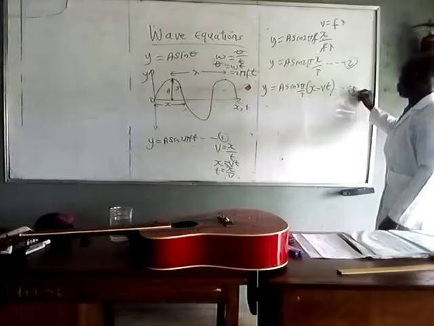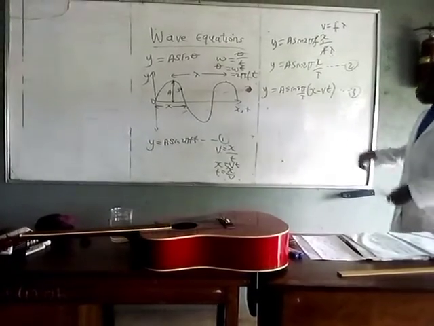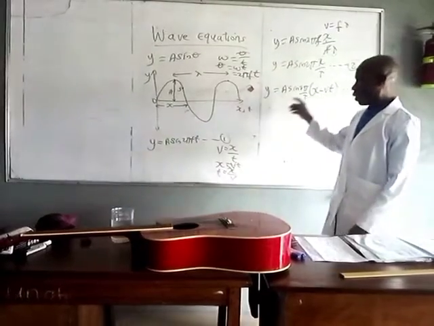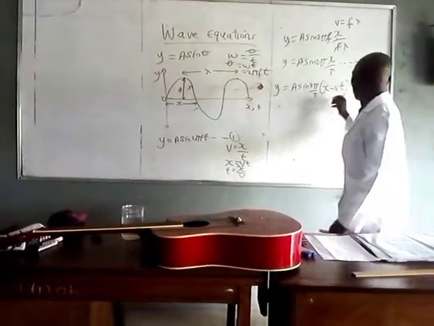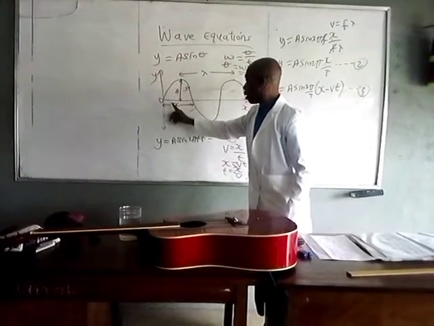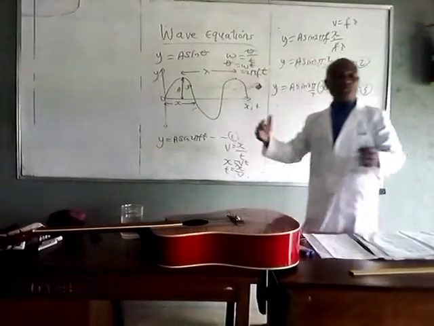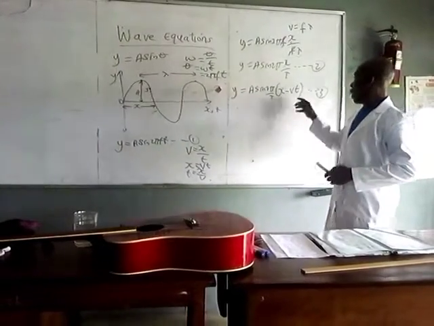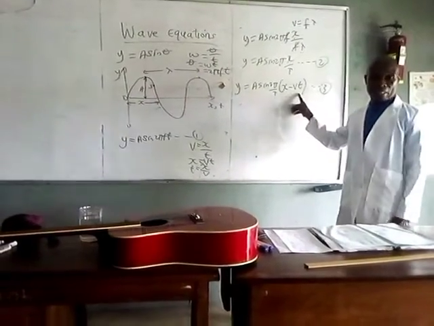Let's call this equation 3. Here, there is a difference in the horizontal distance. We subtract the distance, assuming the particle is somewhere here. The distance here is vt, because vt is actually horizontal distance as well. So there will be a difference in the distance.